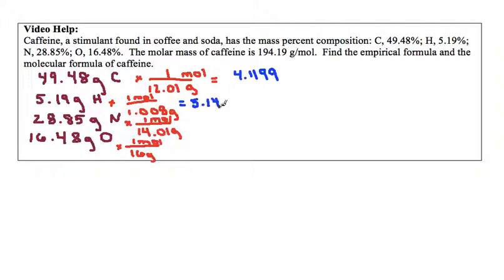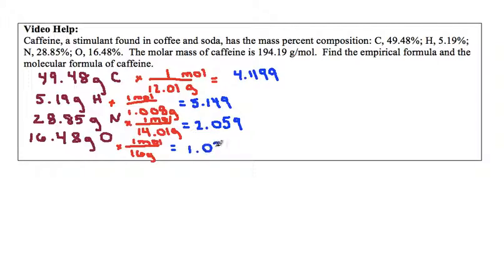I'm going to just round a little bit. It's okay to round as long as you get a whole number in the end. 28.85 divided by 14.01, and I get 2.059. And then for the last one, 16.48 divided by 16, and I get 1.03.